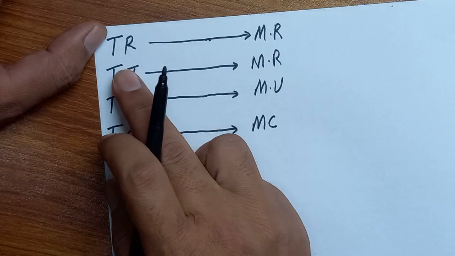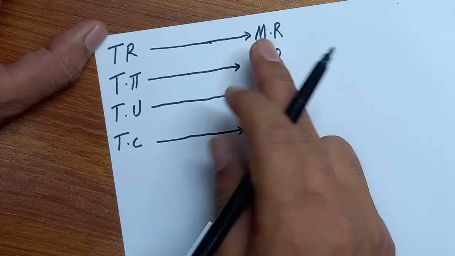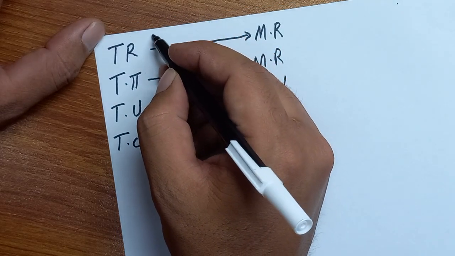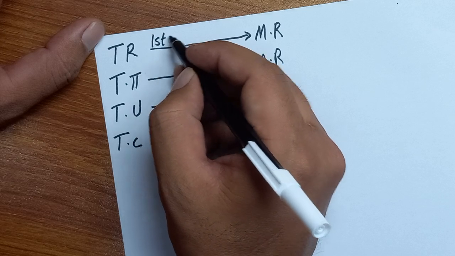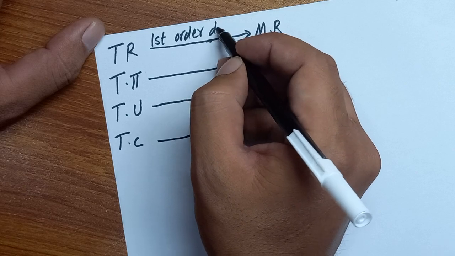How can we change the value of total revenue to marginal revenue? We will take the derivatives, and this is called first order derivatives.